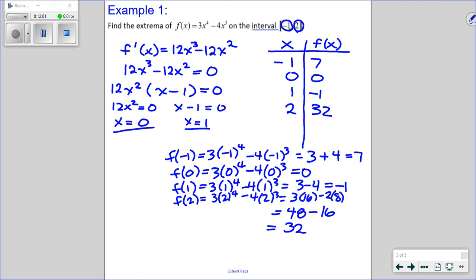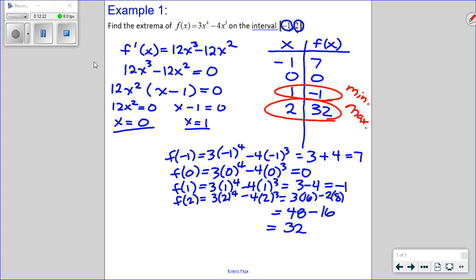All right, so based on our table, 1, -1 is the absolute minimum, and 2, 32 is the absolute maximum. Okay, so, you know, we kind of want to write our answer out a little bit better than that.